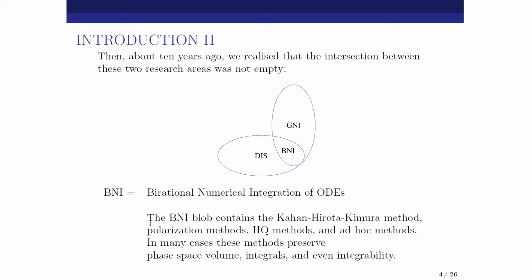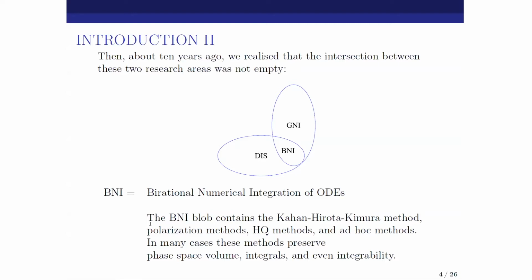And that name itself is already sort of a symptom of the fact that it belongs to the two areas, because Kahan very much is in the geometric numerical integration, and he discovered this method around 1970, and then something like 20 years later, this was rediscovered independently by Hirota and Kimura, who were interested in preserving integrability.